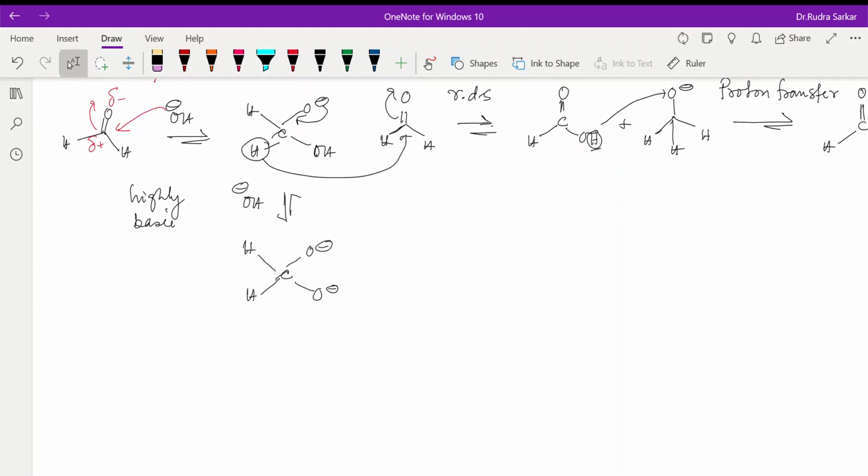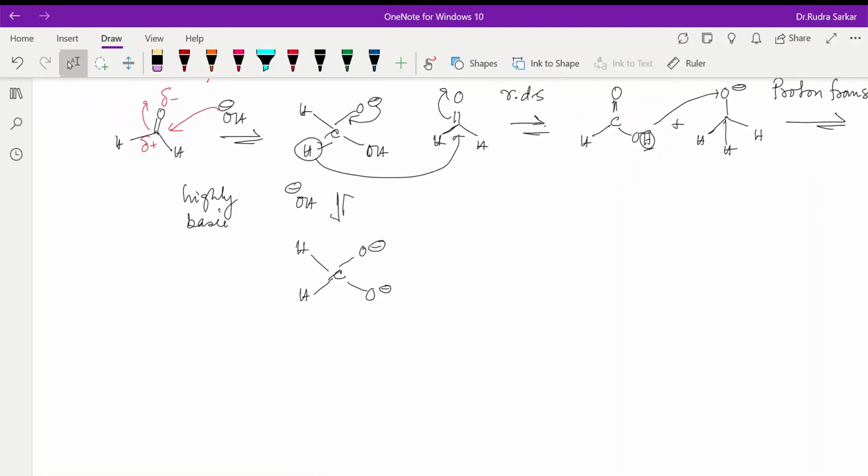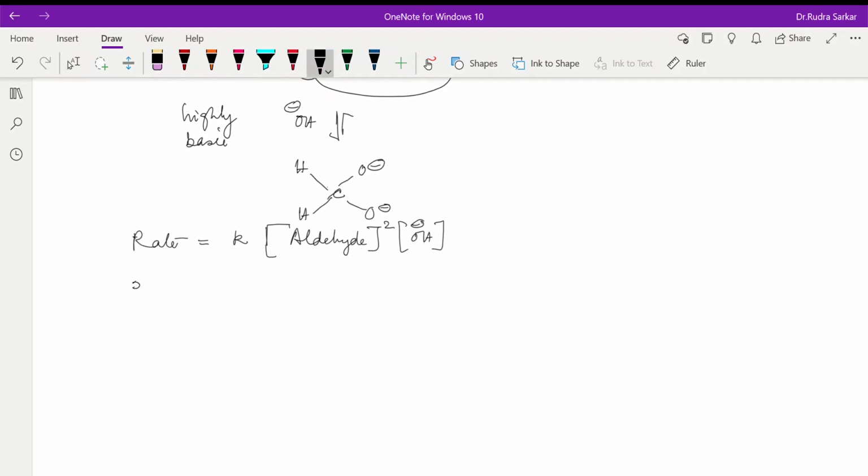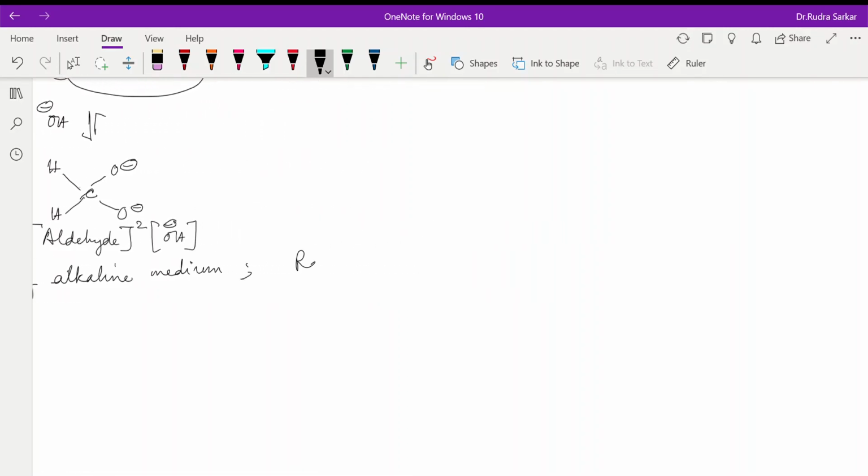Okay, so if we consider the initial reaction in which two molecules of the aldehyde and one molecule of the base is involved, we will say the rate equation to be dependent on both the molecules of aldehyde and a single molecule of the hydroxide, but at highly alkaline medium the rate equation will be dependent on both the aldehyde molecules along with two molecules of hydroxide.